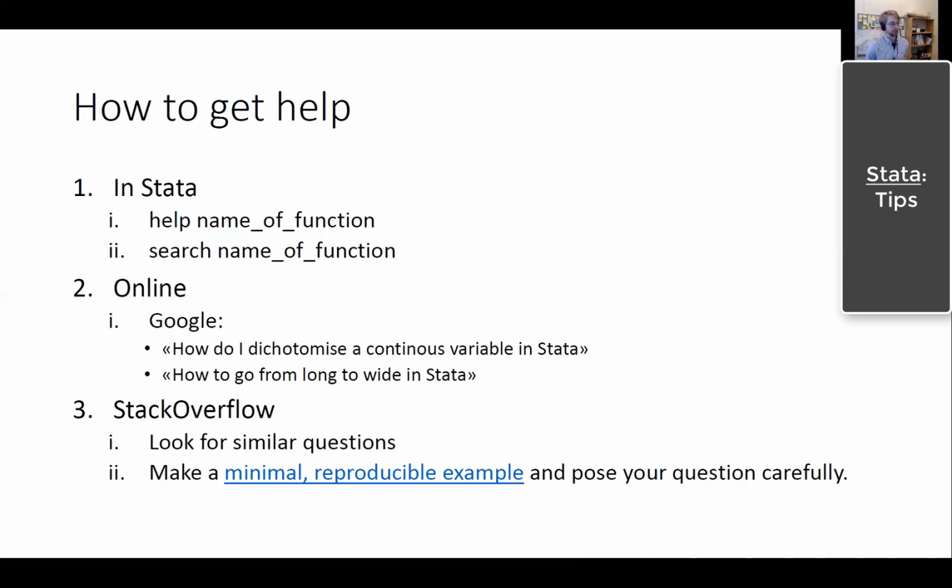That also does mean that it's very hard to actually ask a question, because people will downvote you if you haven't followed the rules explicitly. So you have to be very attentive when you write questions there and make a minimal reproducible example. But I have been able to get a lot of help there from very smart people when I've been stuck, both in SPSS and R and other programs.